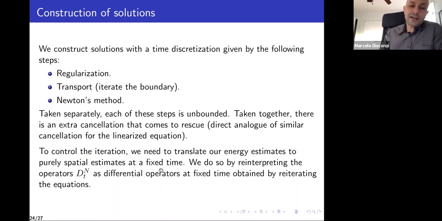What you do here is reinterpret these operators as purely spatial operators by using the equations to solve for the material derivatives in terms of spatial derivatives, similar to what I mentioned before. In that case, you can get the estimates because you have a uniform control of these norms. You can pass to the continuous limit and obtain solutions.